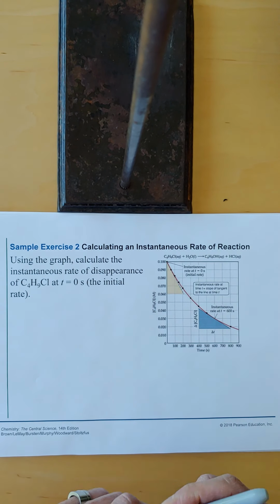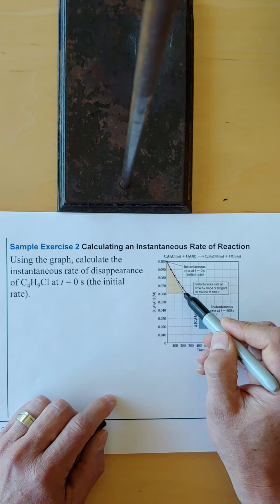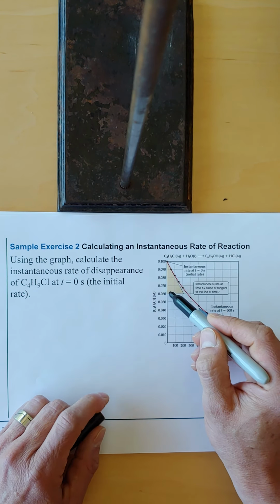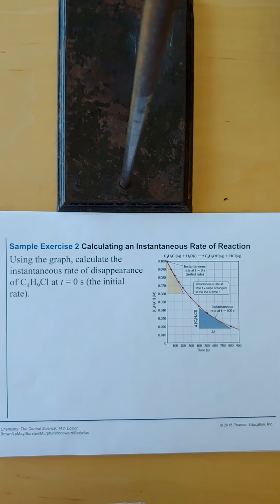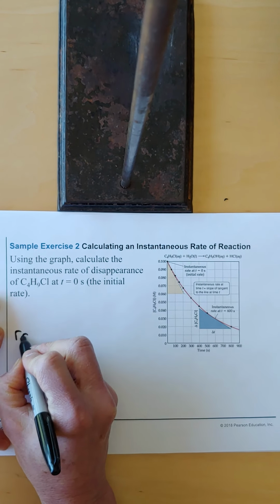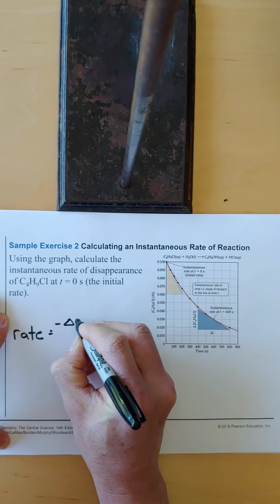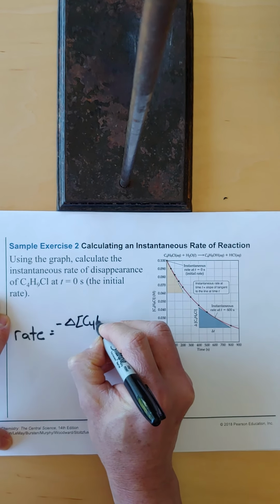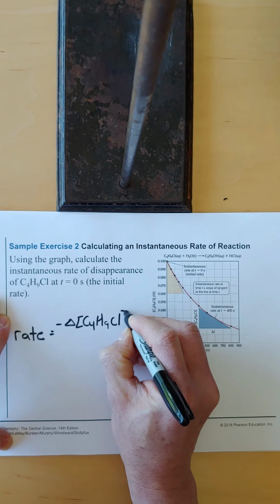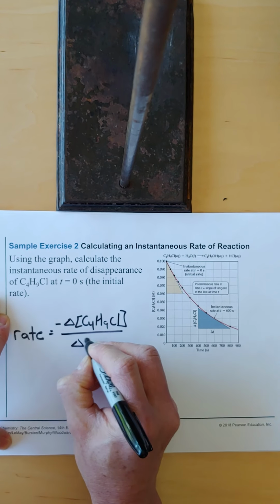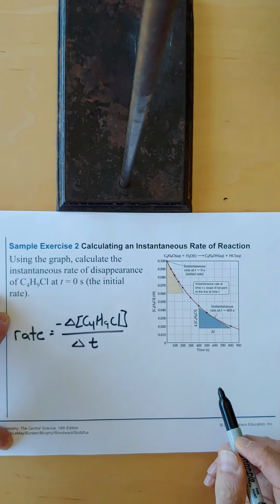When we look at this hypotenuse line, again we're going to be looking at the rate, and our rate is equal to minus the change in C4H9Cl divided by our change in time.